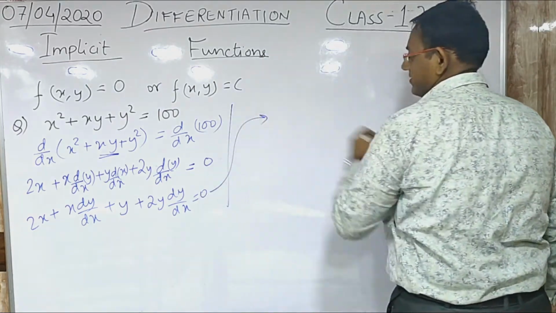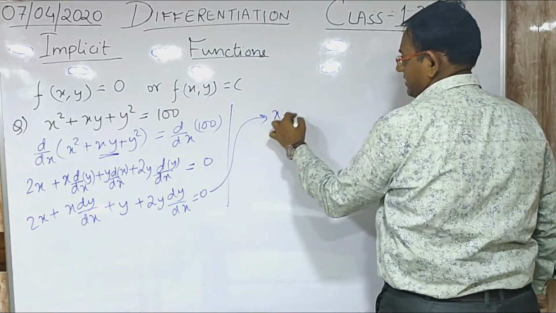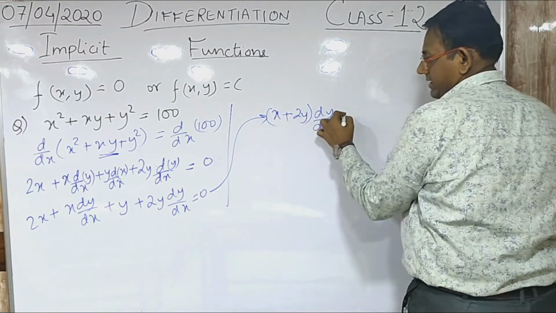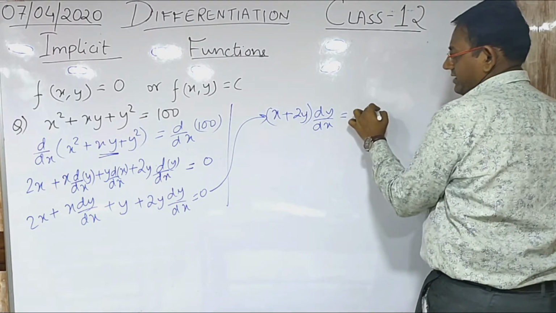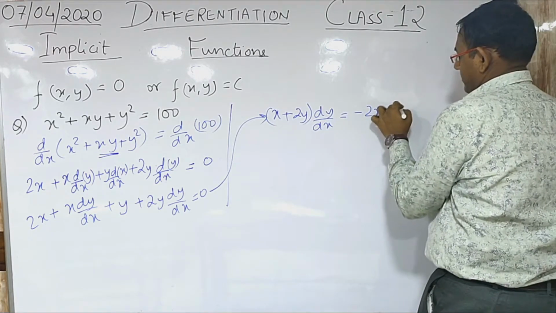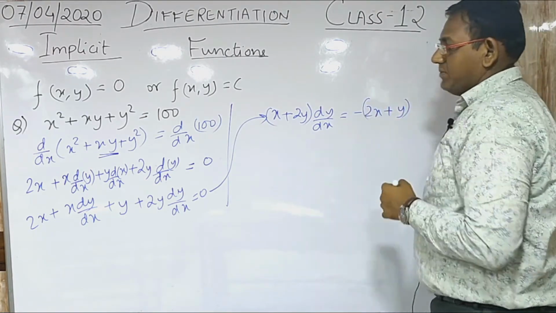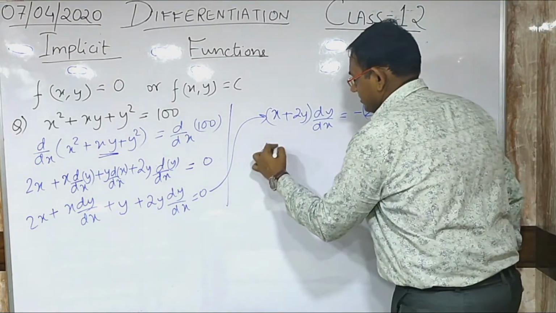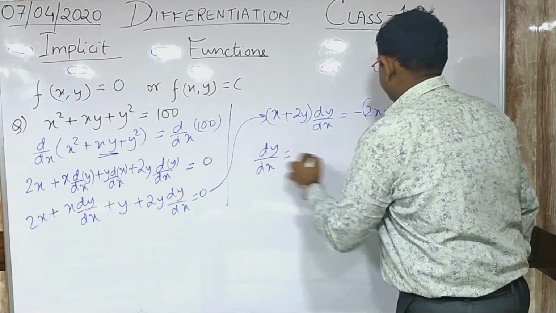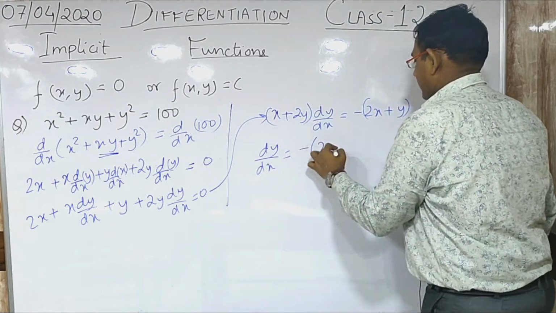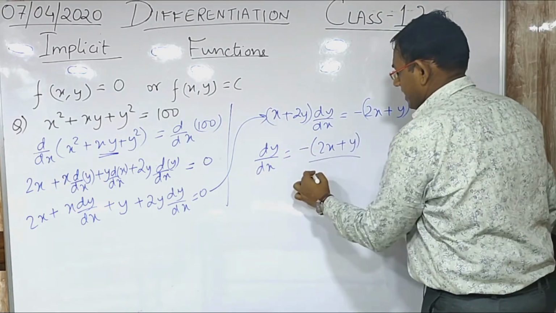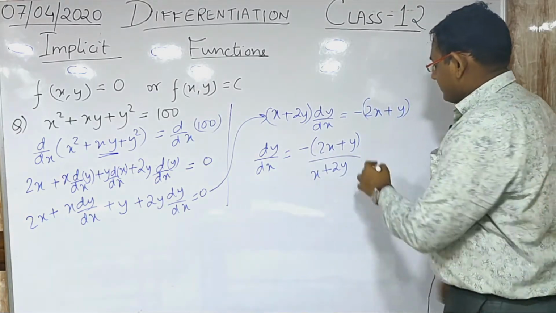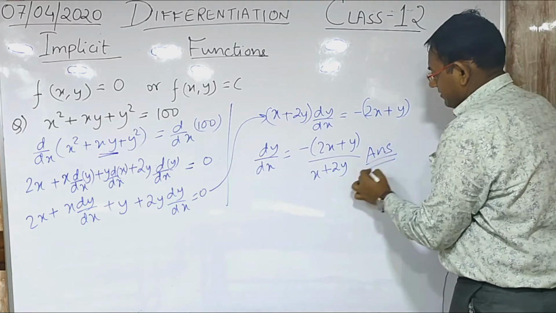So from this you get (x plus 2y) dy/dx is equal to minus 2x minus y, which I keep in the bracket, so it becomes minus (2x plus y). So from this dy/dx is equal to minus (2x plus y) divided by (x plus 2y). So this is your answer.